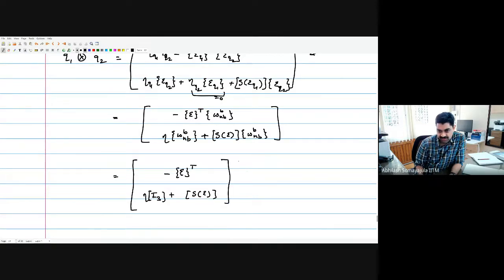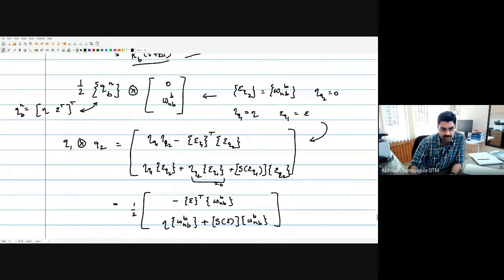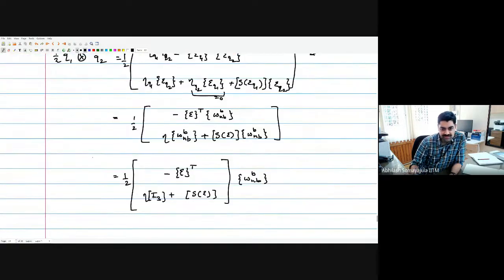This matrix multiplied by omega_NB will give the result, with the 1/2 factor missing all throughout because of that 1/2. And this is nothing but our rate of change of the quaternion.